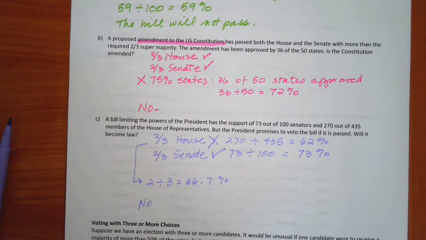So if somebody does not receive a majority, or even if they do, they may want to look at it from a different standpoint. So we're going to look at 5 different ways of common methods of looking at this. We're going to look at plurality, single runoff, sequential runoff, the point system, and pairwise comparisons.